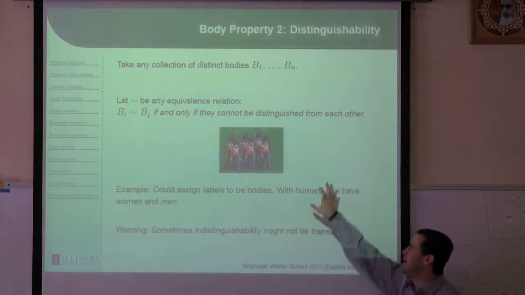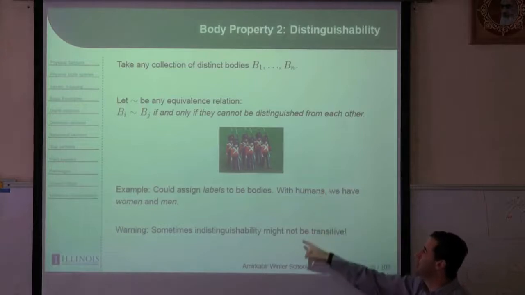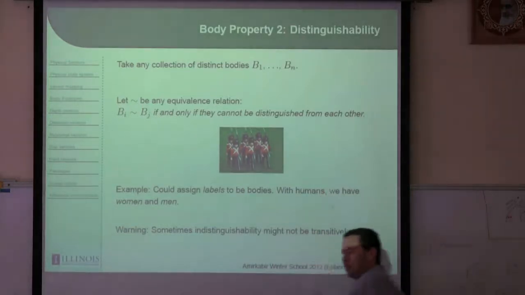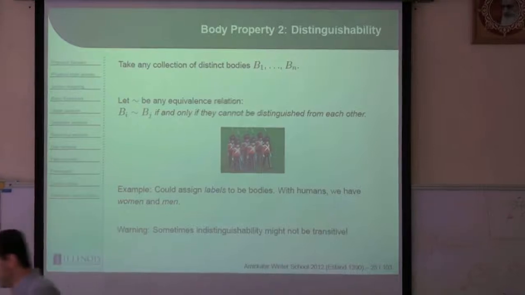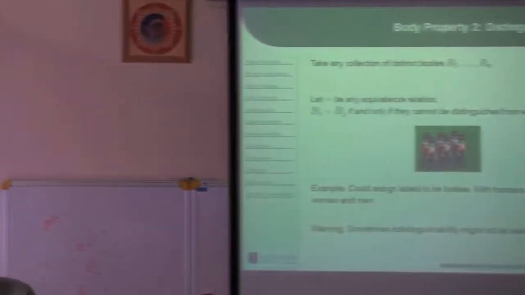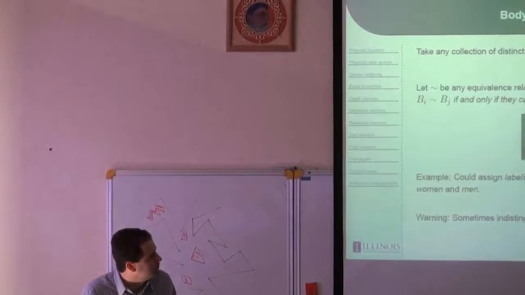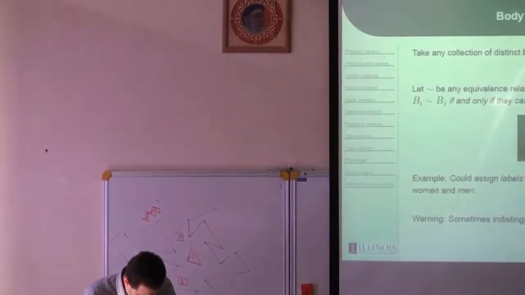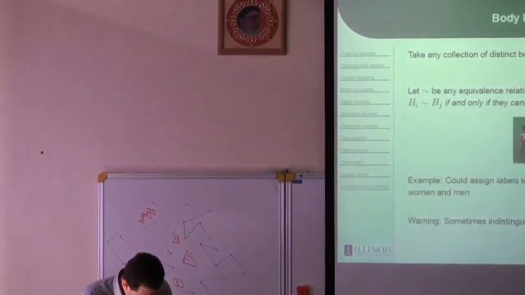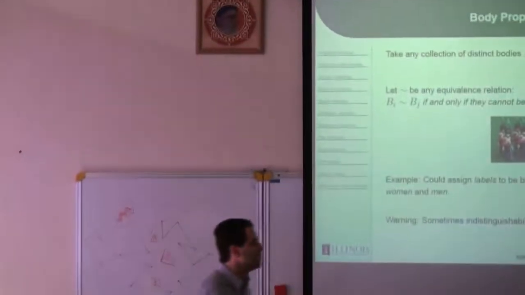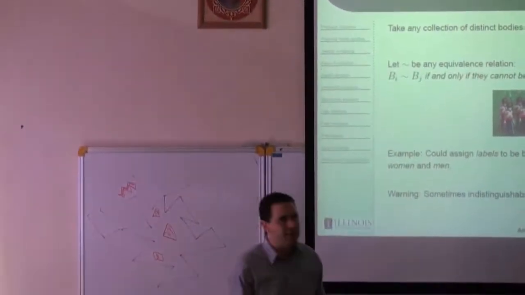I imply here that distinguishability, or indistinguishability, is transitive. It might not be, actually, if you think about it carefully. There are examples where it might not hold. It happens typically with classification.